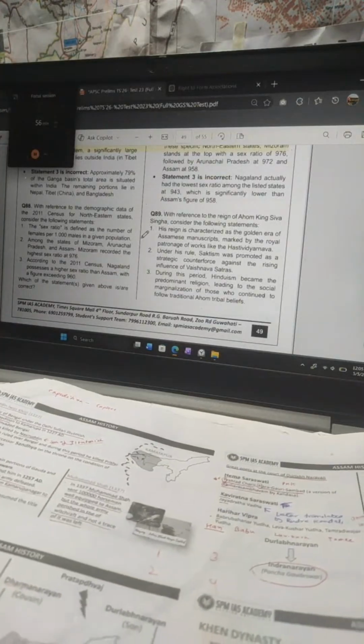So let us check the reign of Sibasingha once. Who came after Rudra Singha? Rudra Singha abolished the custom of beheading men before ascending the Singhari Ghar and substituted a paperless proclamation.